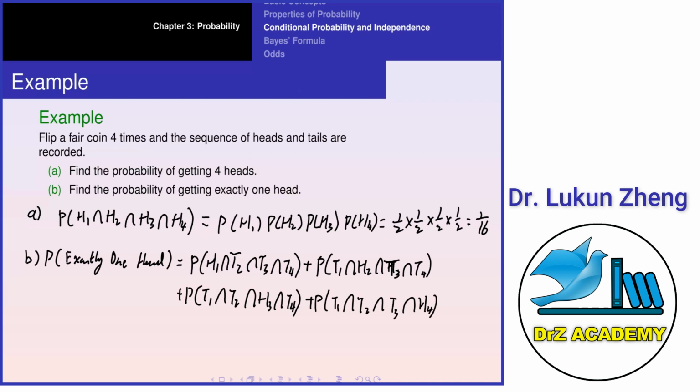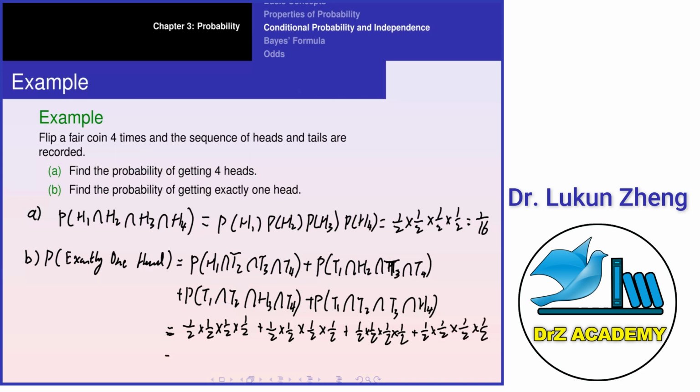Now, since they are all independent, each term is 1/2 times 1/2 times 1/2 times 1/2, and we add the four terms.